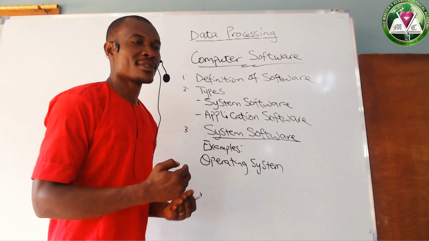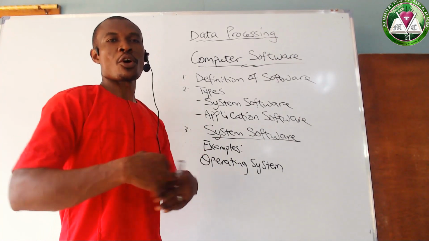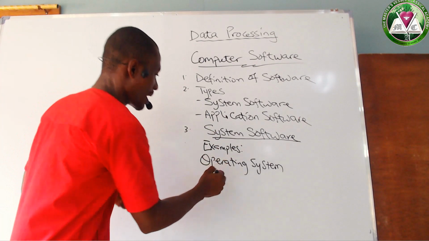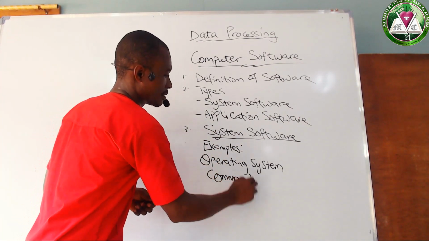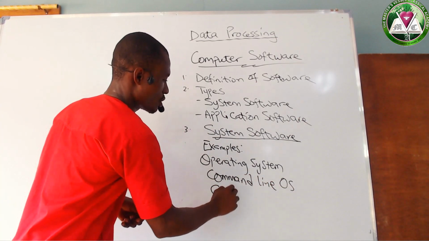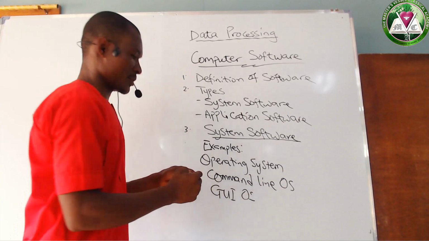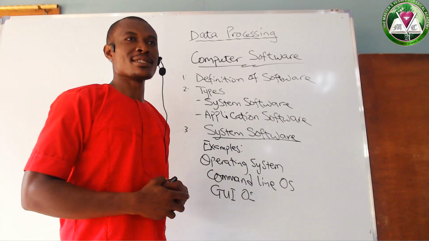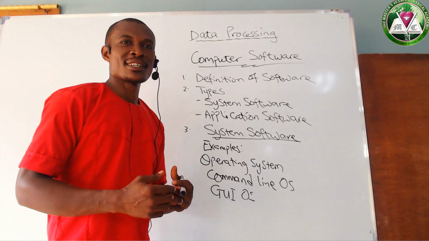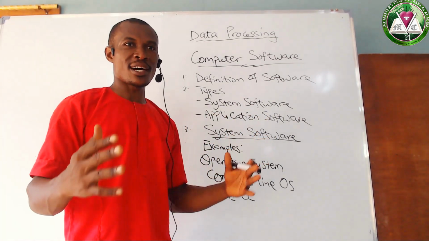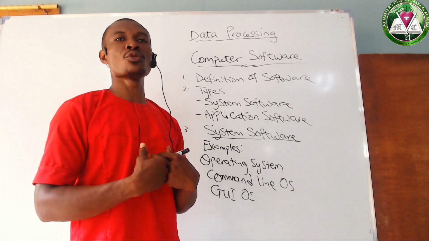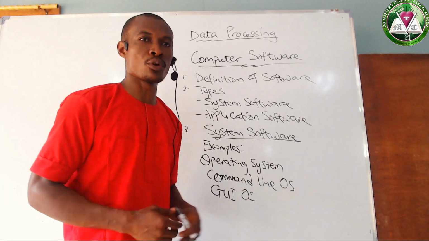Now, the operating system can be categorized into command line and GUI operating systems. A command line operating system is a type of operating system that gives the user the opportunity to type in the syntax for every command he or she wants to carry out in the computer system using the keyboard.